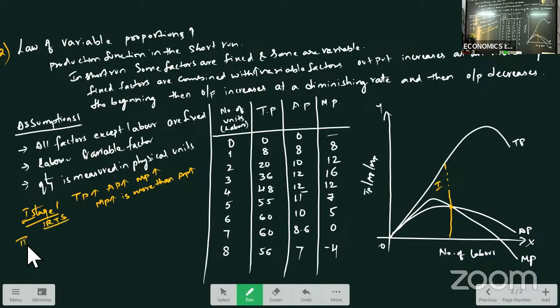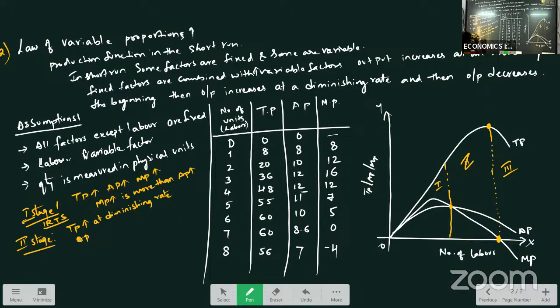Now second stage, you see. In the second stage, what are you having? TP is increasing. See, at this point where our MP is 0, our TP will be maximum. And this is our third stage. So if you see in the second stage, TP increases at a diminishing rate.